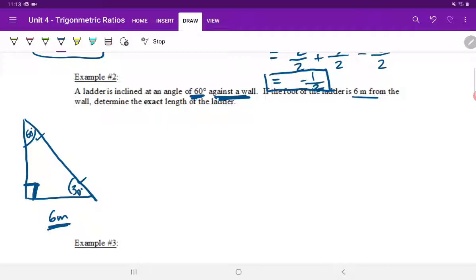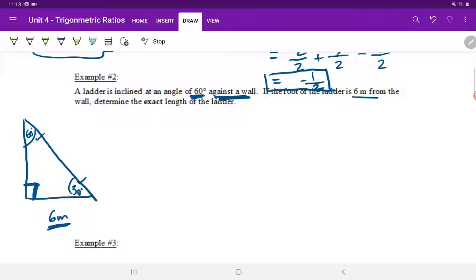Okay. And instead of this being a 1, right? Normally this is 1 across from the 30. Well, it's a scaled up version. So I don't know what this number is right now. And normally this is a 2. But again, it's a scaled up version, so I don't know what that is right now.